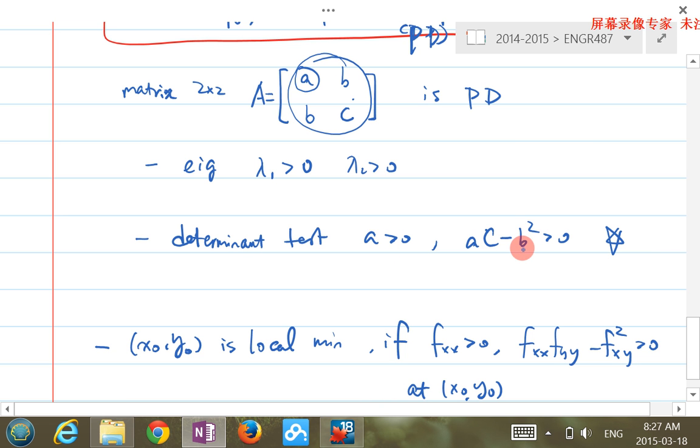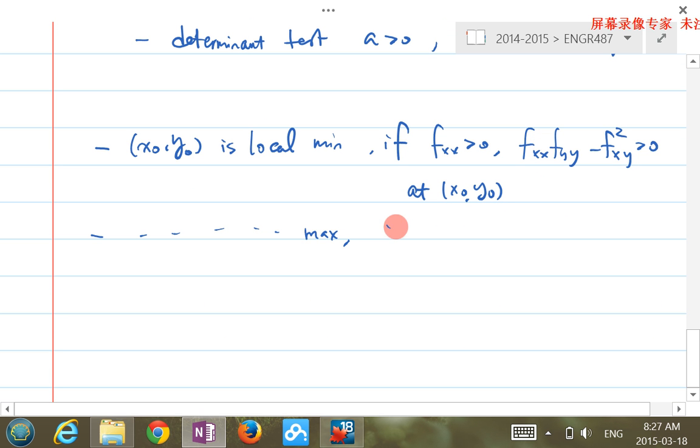Then it's a negative definite matrix now. So basically, when fxx is less than 0 and at the same time this term is still greater than 0.